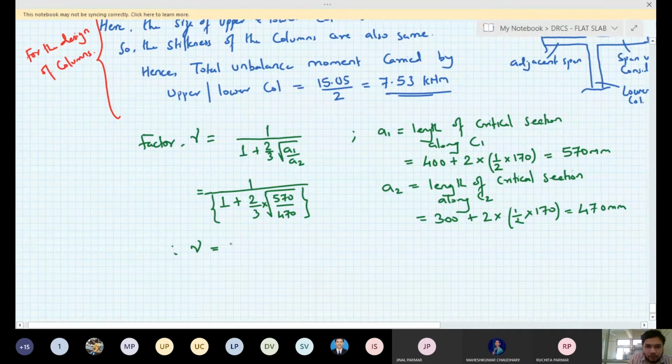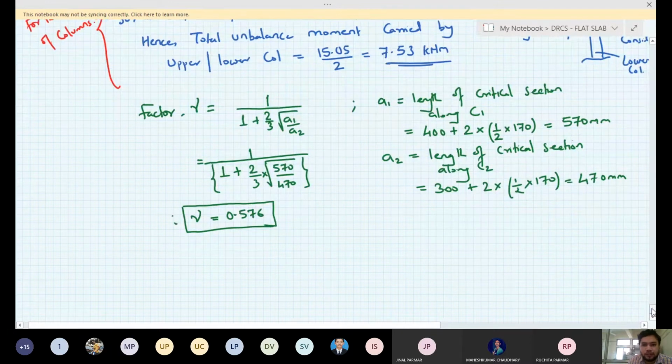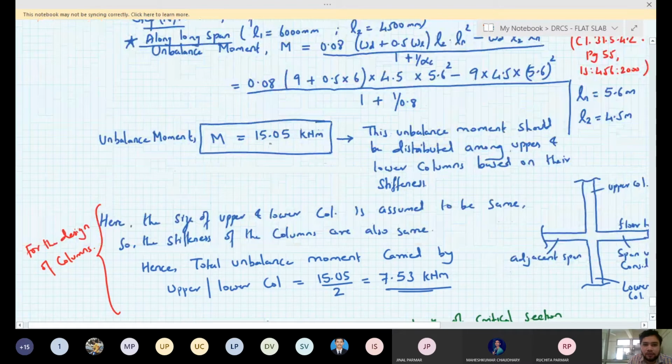So it will be 0.576. Are you getting this value? Yes, sir. So this is the factor by which the unbalanced moment will be shared by the flexural couple.